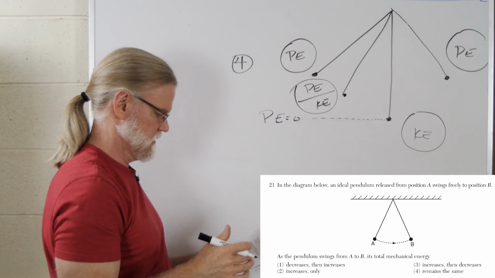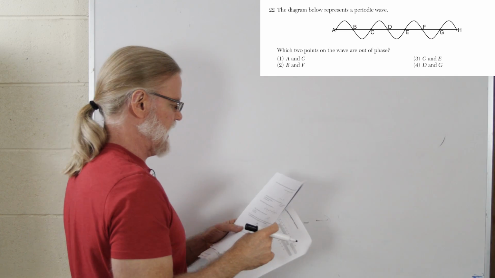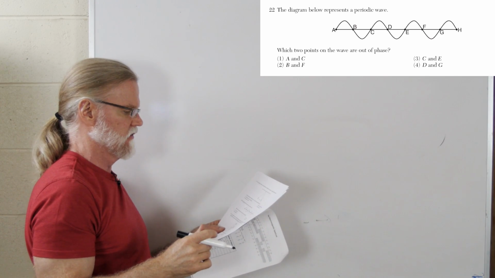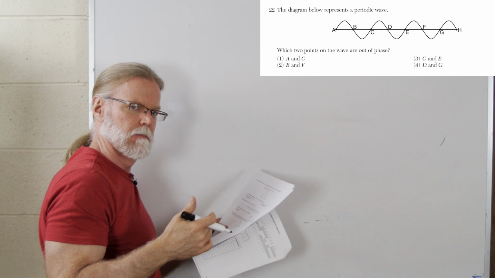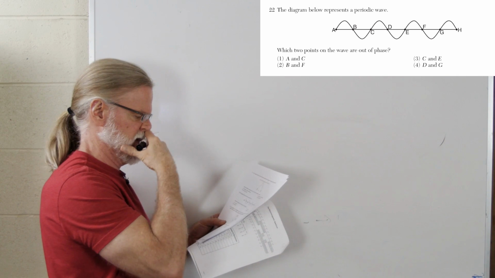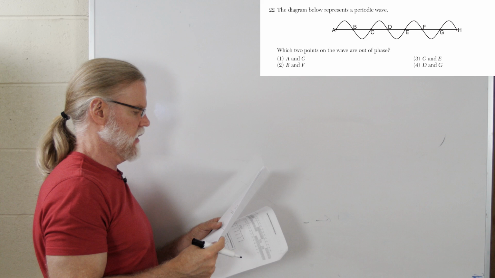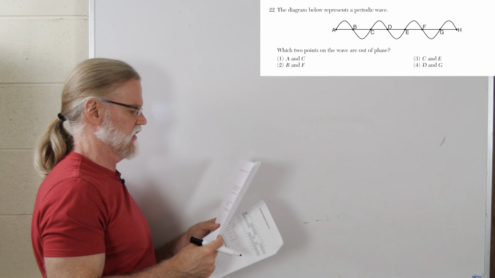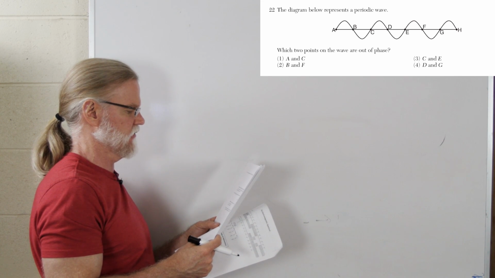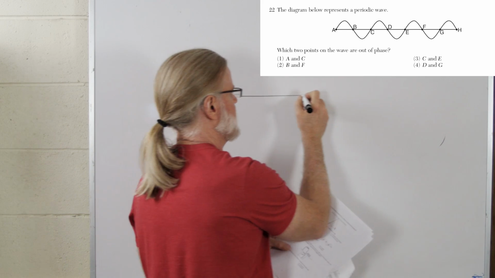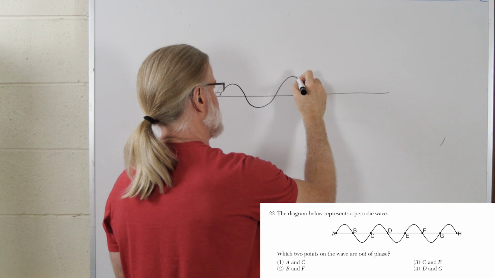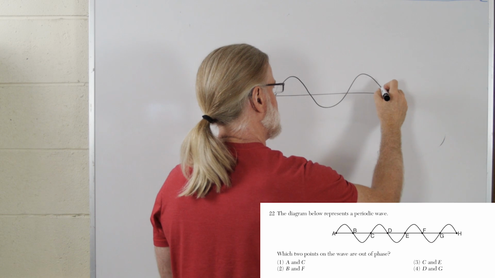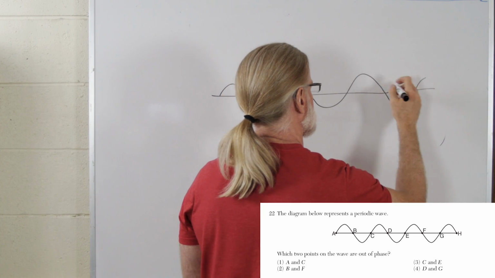22, the diagram represents a periodic wave. What kind of wave is that? Take a moment to think about that. Of course, that's transverse. Which 2 points in the wave are out of phase? Points in the wave are in phase when they're doing the same thing, and they're out of phase when they're doing different things.